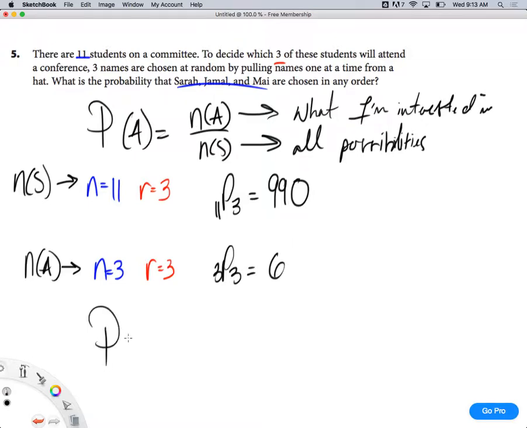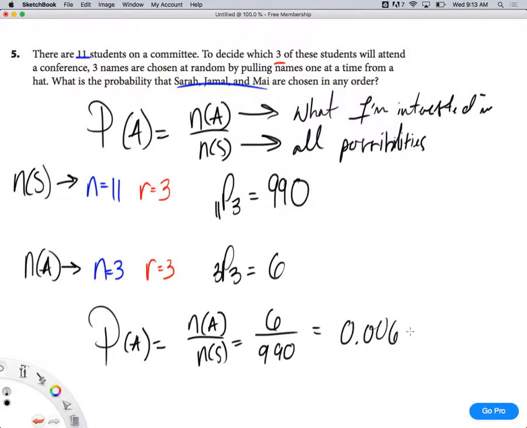Once I have that, I get P(A) equals NA over NS, or 6 over 990, which is 0.00606. Does that make sense? Okay.